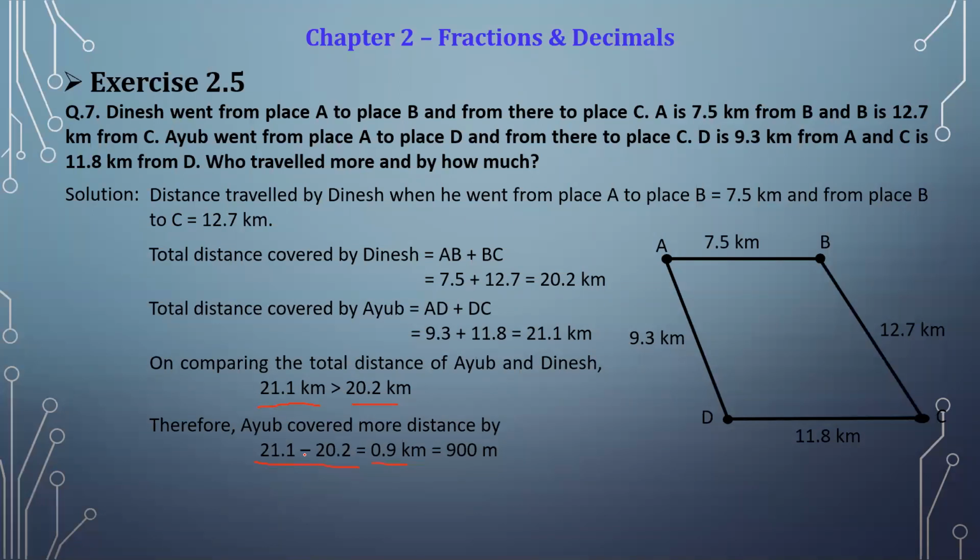So here 11 minus 2 is 9. Then 1 is carried, so here it becomes 20. 20 minus 20 is 0.